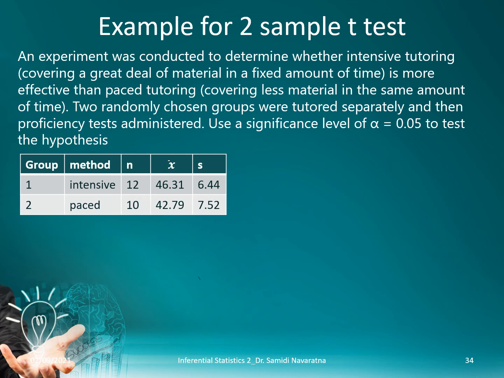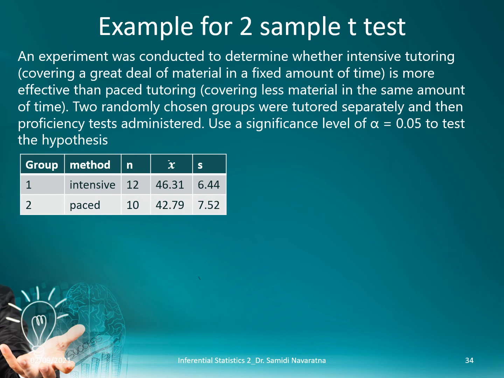Two randomly chosen groups were tutored separately and then proficiency tests administered. Use the significance level of alpha equals 0.05 to test the hypothesis.